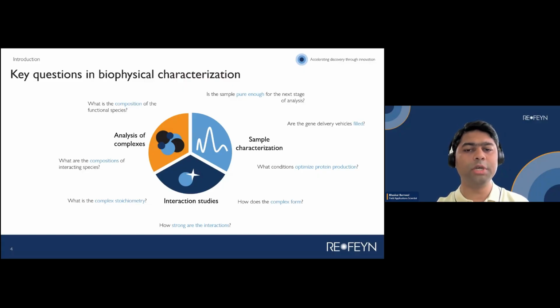So today I'm here to introduce you to an innovative addition to our biophysical analysis toolbox, which will help address these key questions: mass photometry.